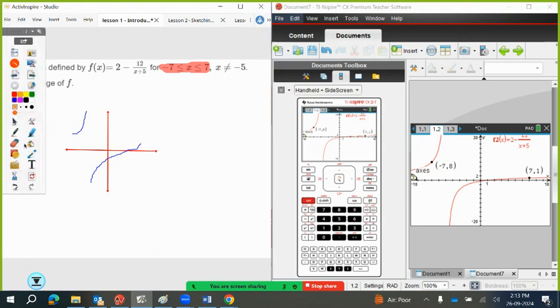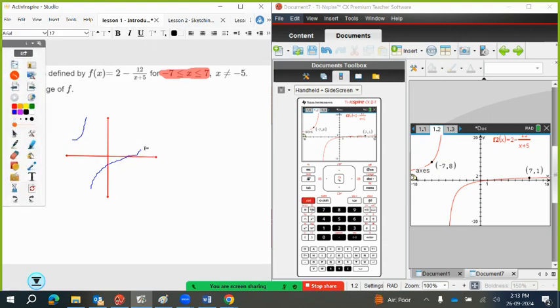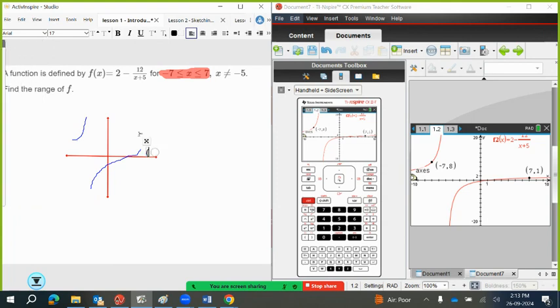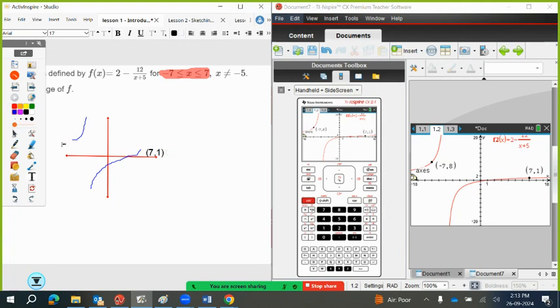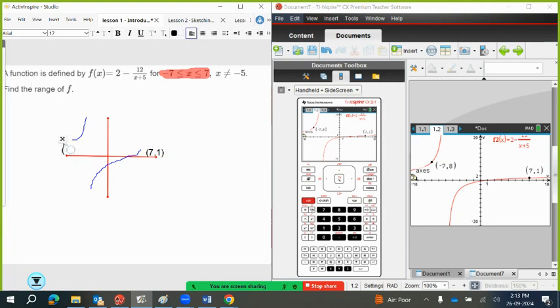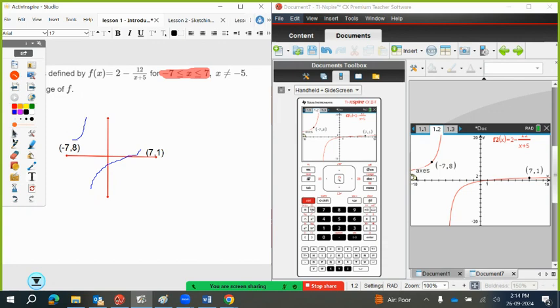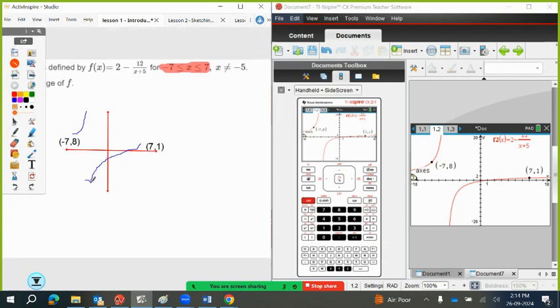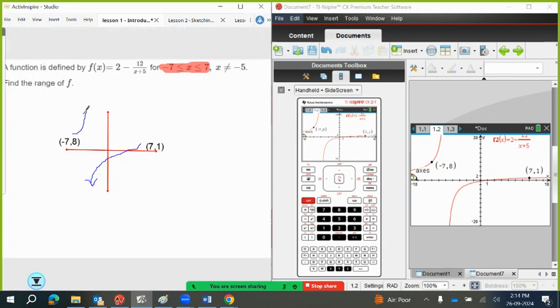It stops at these points. So it stops here at 7,1. And it stops over here at minus 7,8. But it does continue down to negative infinity, and it does continue up to infinity here.